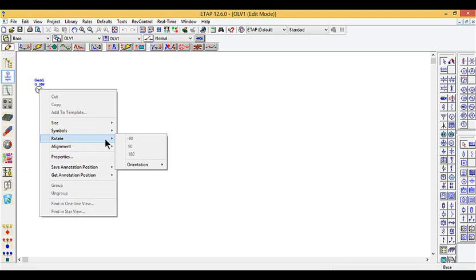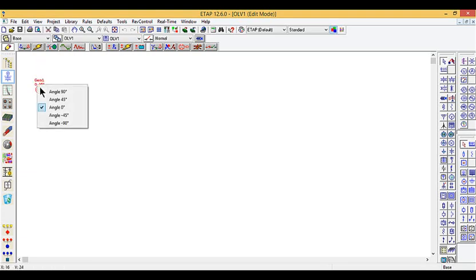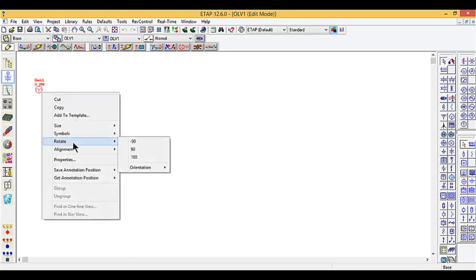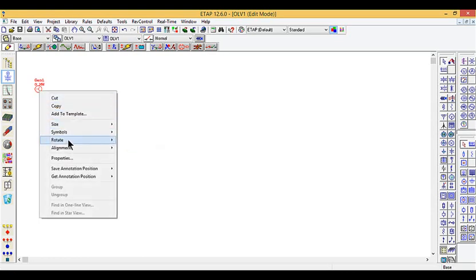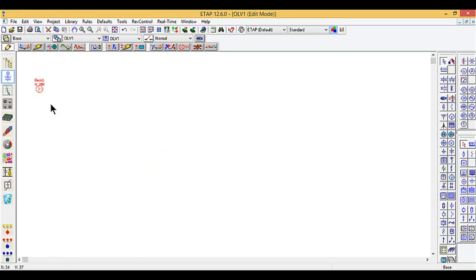Like we go on to rotate, rotate 90 degrees, rotate 180 degrees. So we can just copy and paste this generator.